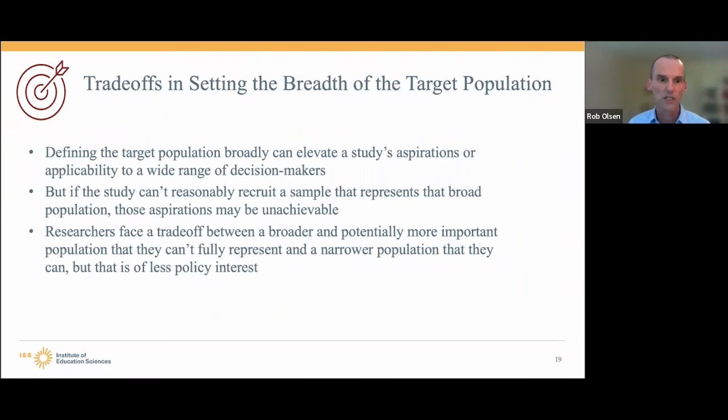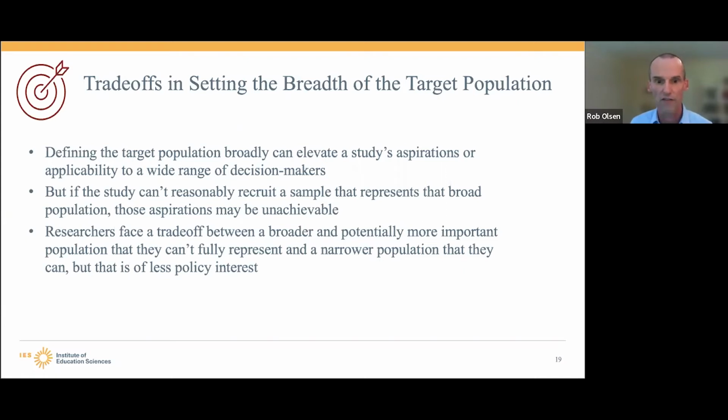Finally, we want to acknowledge that there are real trade-offs in deciding how broadly to define the target population. Defining the target population broadly can elevate the study's aspirations and perhaps its applicability to a wide range of decision makers. But if the study can't reasonably recruit a sample that represents that broad population well, those aspirations may be unachievable.